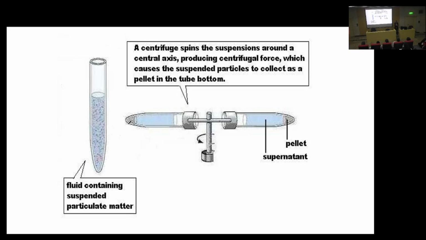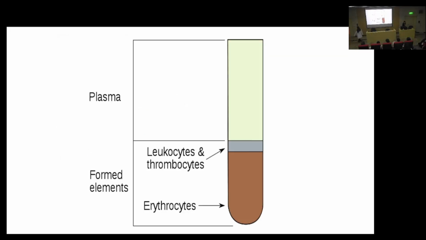I want to get rid of this liquid so I can spin it. And the bottom part will give me the pellet, which contains my cells only, and the supernatant, the top part, which only contains the media. So I can simply take it and pour it out, and I'll end up with the cells only. So this is a separation of cells, for example. So it's not only separation for the blood.